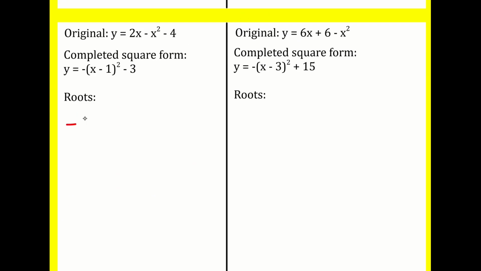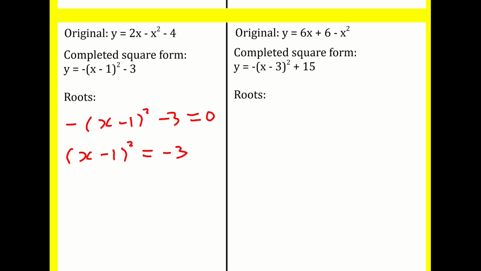So for this one, I'm going to set this equal to 0, and then actually I'm going to make it so it's (x minus 1) squared equals minus 3.